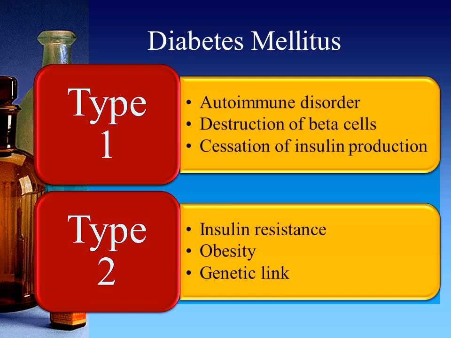We also know that people who are obese are at high risk for developing this resistance to insulin, where they cannot respond to it, and so they don't have enough insulin coverage for the circulating sugar that's in their blood.